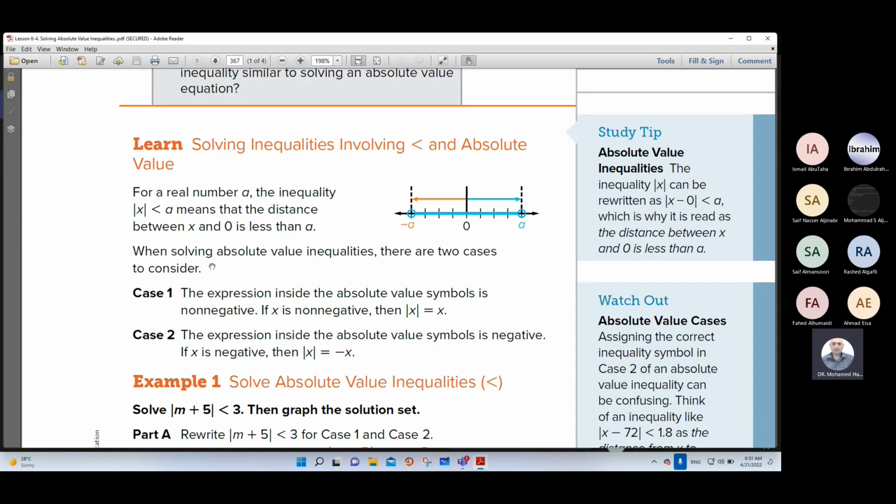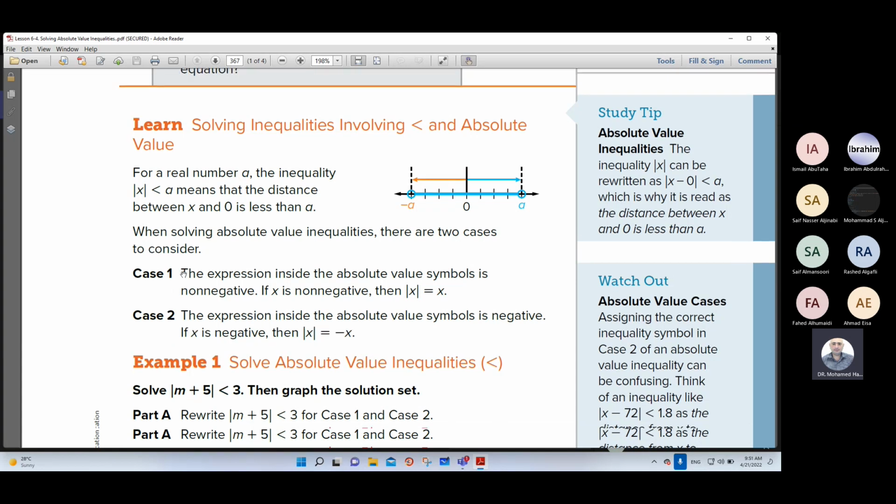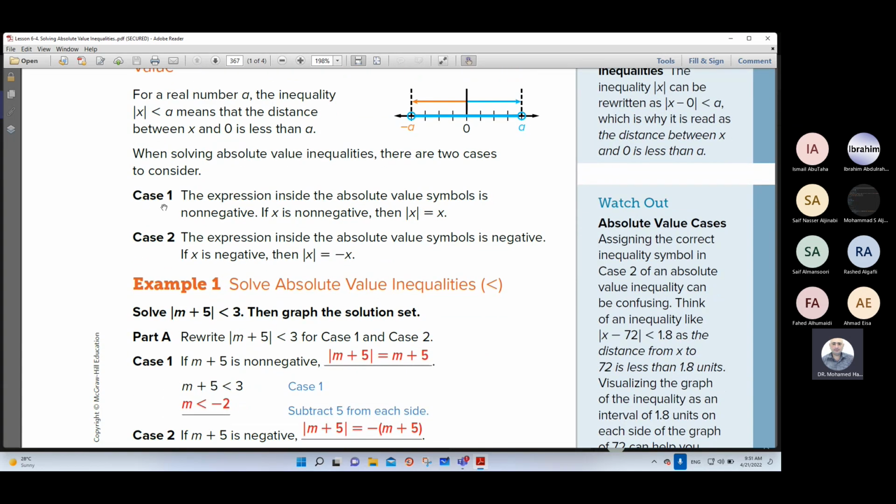When solving absolute value inequalities, there are two cases to consider. The first case, the expression inside the absolute value symbol is non-negative. Non-negative means 0 or positive. So, if x is non-negative, then the absolute value of x will be x, will be positive.